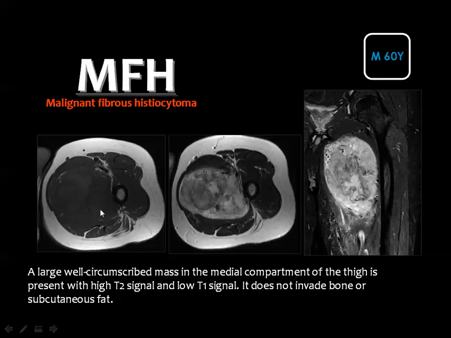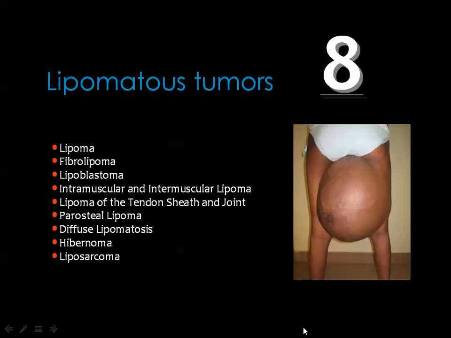As I have mentioned before, most of these sarcomas have a non-specific MRI appearance, and it is predominantly of low signal in the T1, high signal in the T2, and they will show some contrast enhancement. Then we came to the next group of tumors, which are the tumors arising from fat.